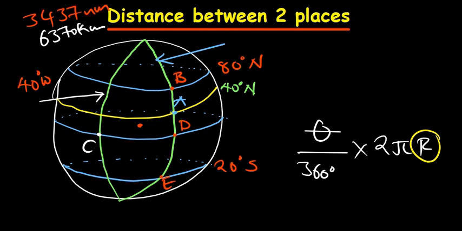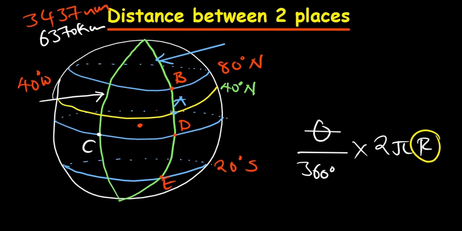Now, let's observe the diagram we have on the left. If I look at points A and B, they are both part of the north. So how do I determine the angle theta when determining the distance between them? If you are dealing with the same pole, or like poles, you subtract, because if you are measuring the distance from 40 to 80 degrees north, the difference will give you the distance between them.